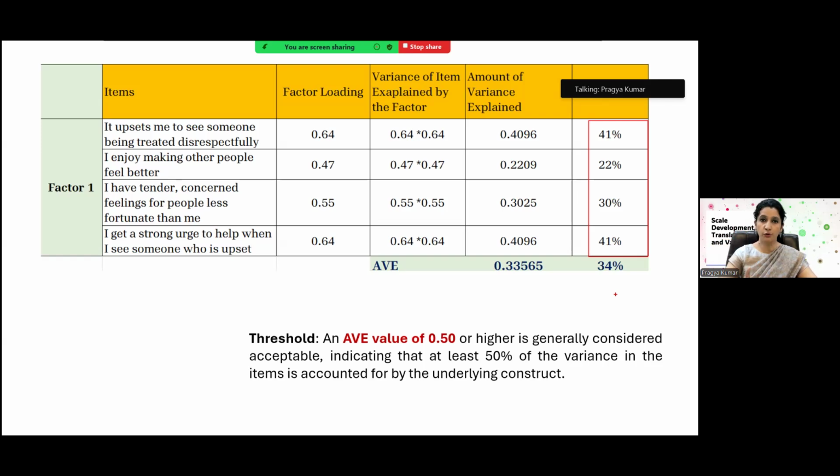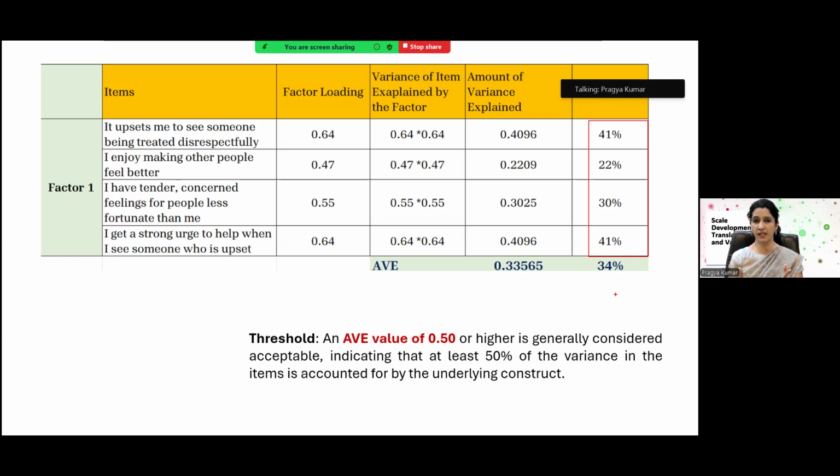I will show you in Jamovi also what the difference between Jamovi and JASP is. The best till now, if you see all the internet and all the articles, most of them have used SPSS AMOS for confirmatory factor analysis and for structural equation modeling. But AMOS, again, is costly software and not everyone can purchase it.